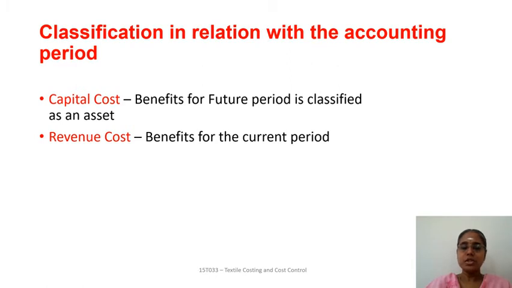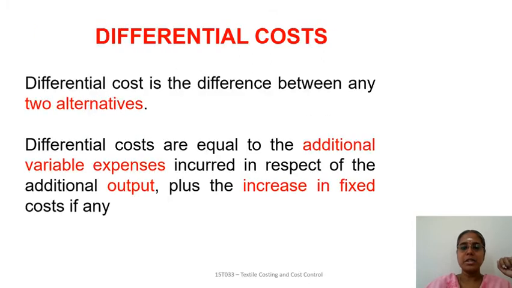This is used for your future benefits. You pay now, and the benefits are for a long term. Revenue costs are benefits that are for the current period. So it is based as revenue cost. This is important for accounting. I just wanted to highlight that there is one type of classification like this. I have mentioned it here.